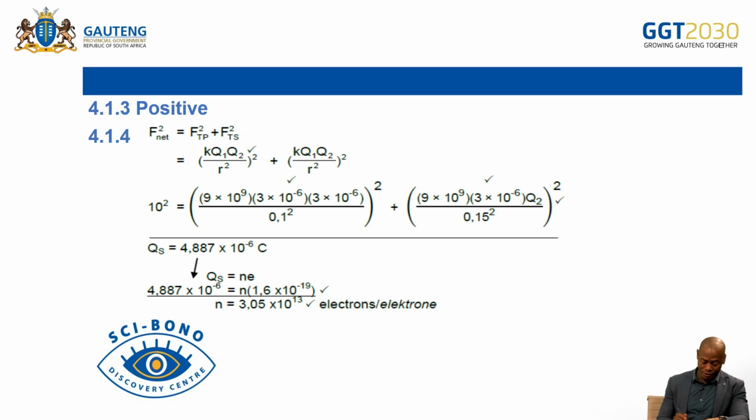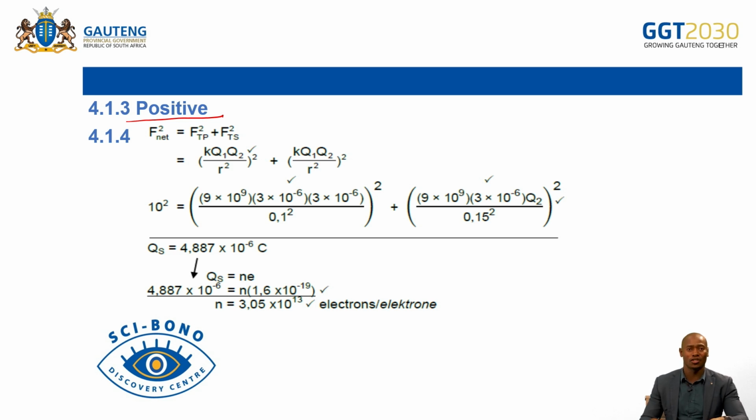So it's positive. The first thing that you need to do here is calculate the charge on S. Then after calculating the charge on S, you can calculate the number of electrons that were removed or added. Okay.